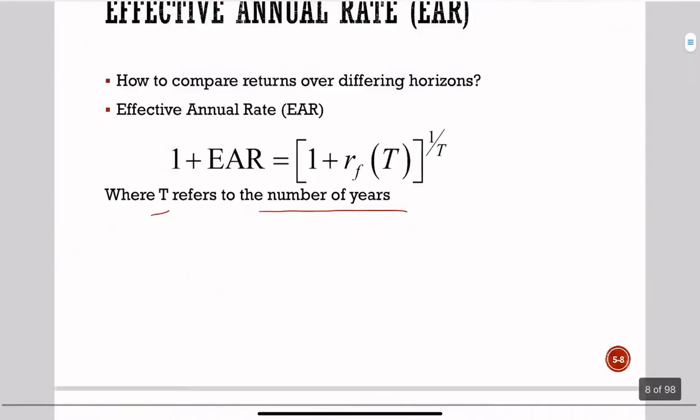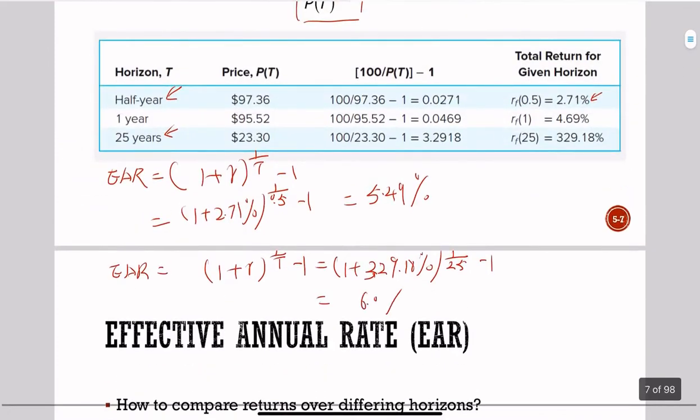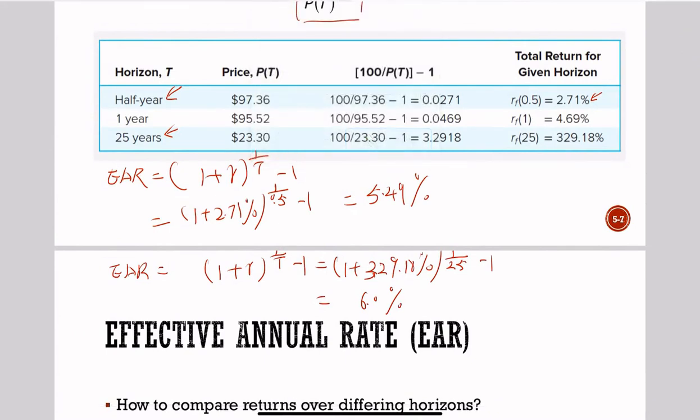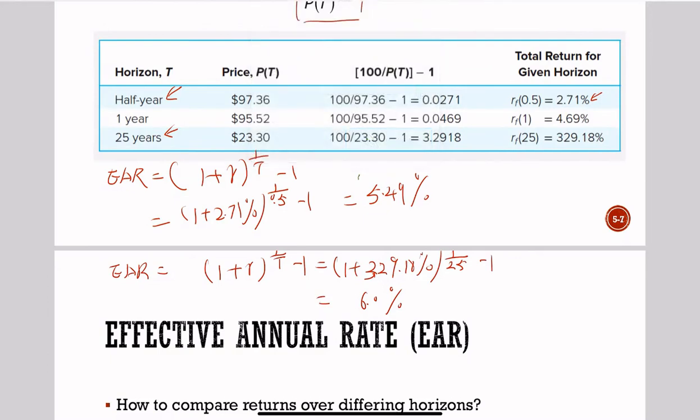This gives us 6%. So annualizing return is useful because you can now compare returns using the same 1-year investment horizon, because we're talking about annualized return here.